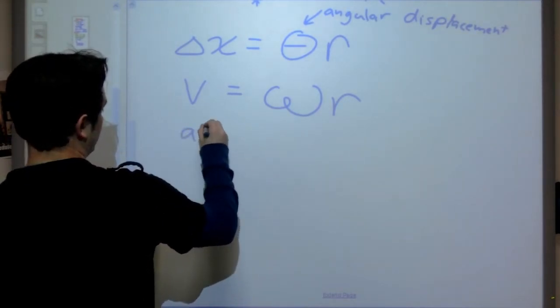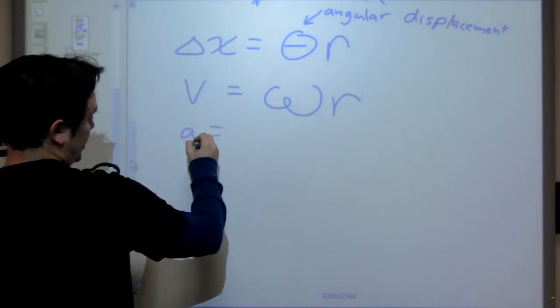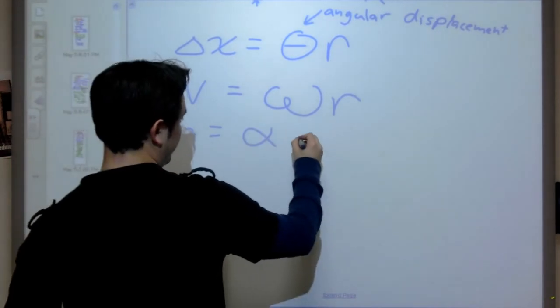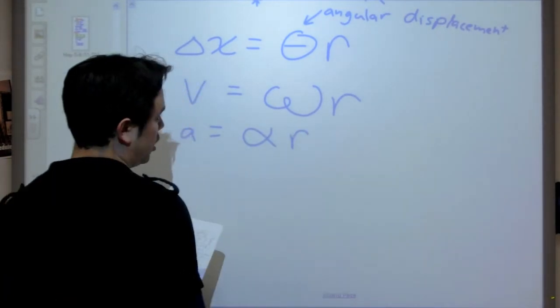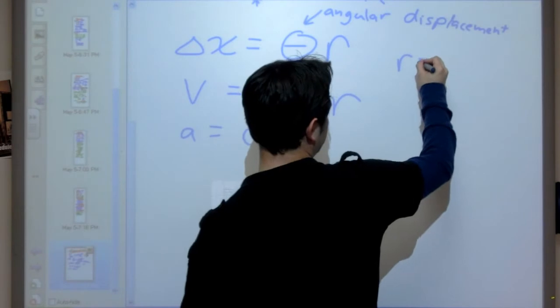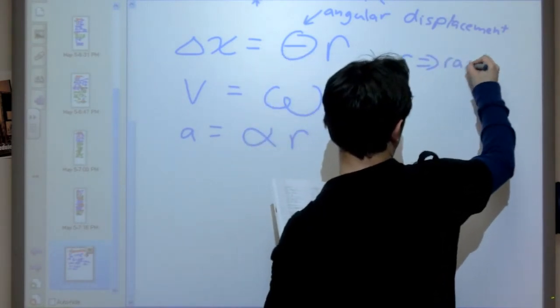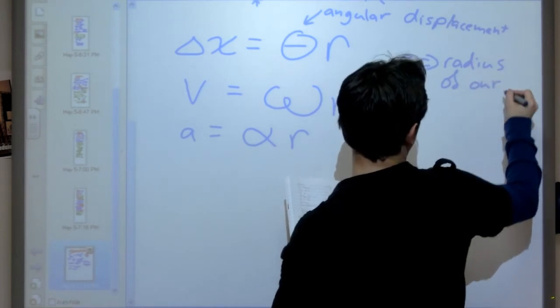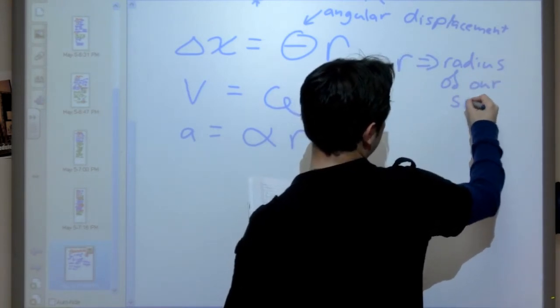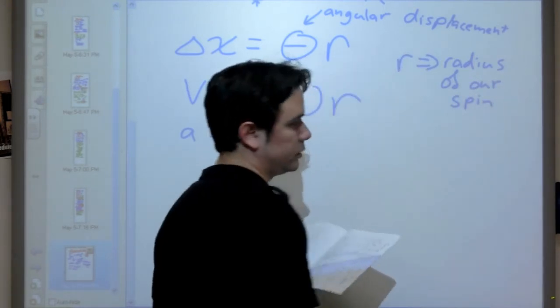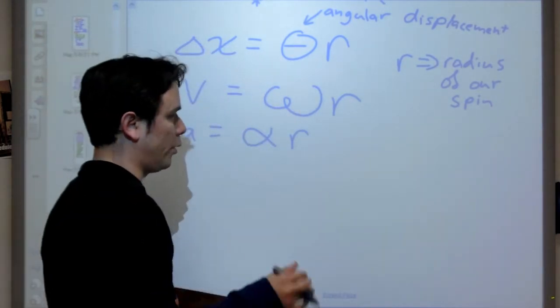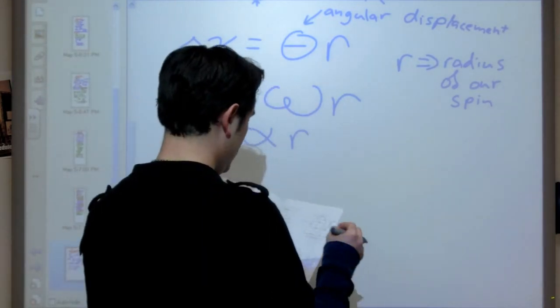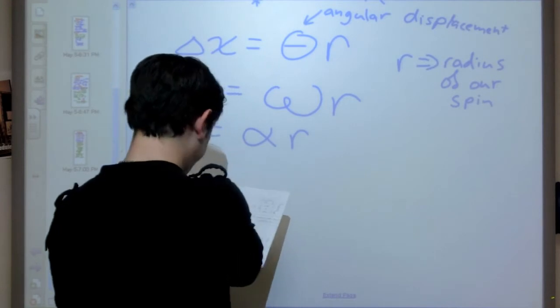And finally, our acceleration, these are all linear translational ones, equals alpha, our angular acceleration, times r, where r is the radius of our spin, basically. Spin or circle that we're moving in, because usually you're dealing with something rotating, going in a circle in one format or another. Okay?